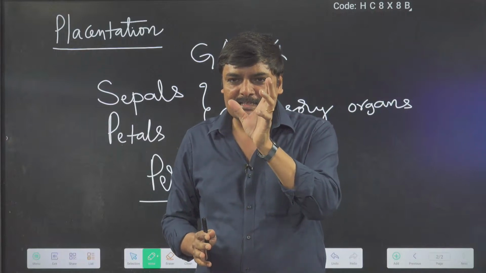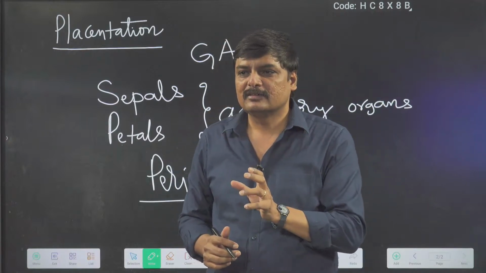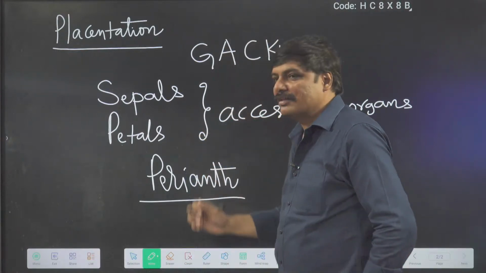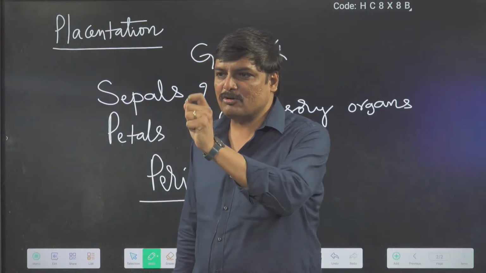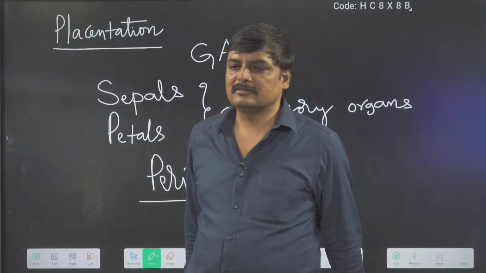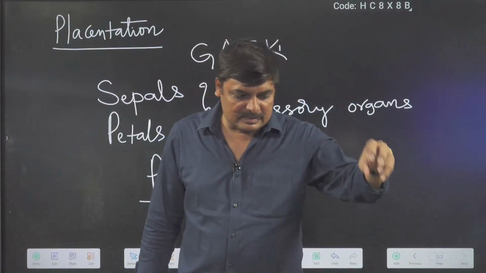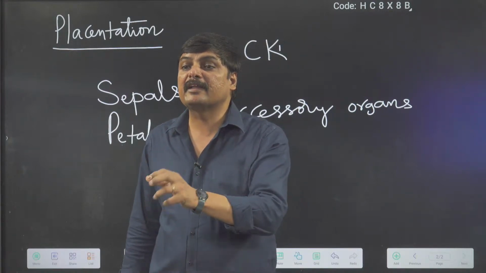When calyx and corolla cannot be distinguished, then that is known as perianth. We can't say that this is calyx, these are sepals, this is corolla, these are petals. Both are identical.